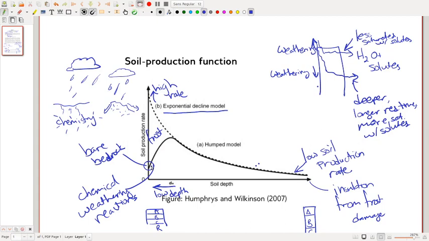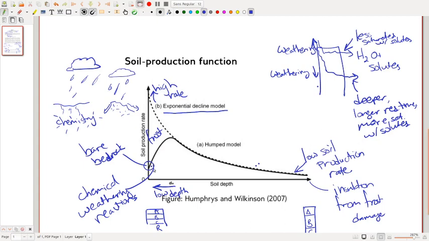And especially if there's a very solid rock, there's not going to be much water to freeze and expand in the joints between the different chunks of that bedrock piece, and therefore it's going to be quite difficult for that rock to become eroded or weathered. So because of that, we have this hump function.